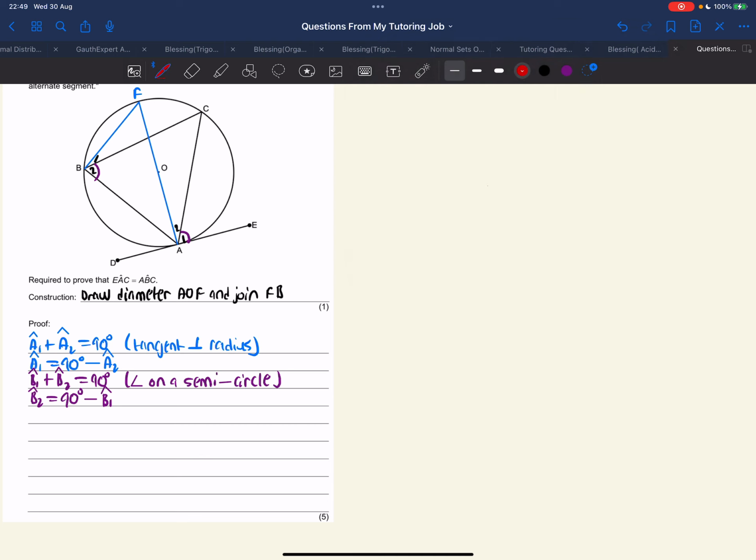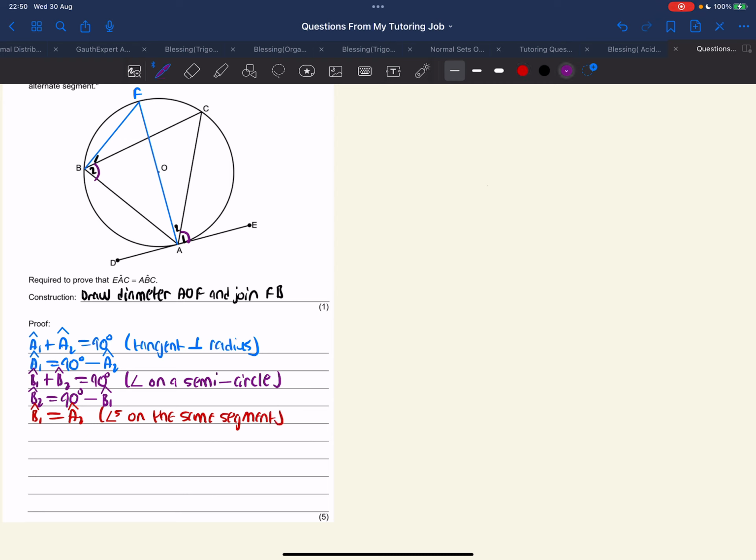The other thing you also have to look out for is that angle B1 and angle A2 are equal to each other. The reason for that is angles on the same segment.